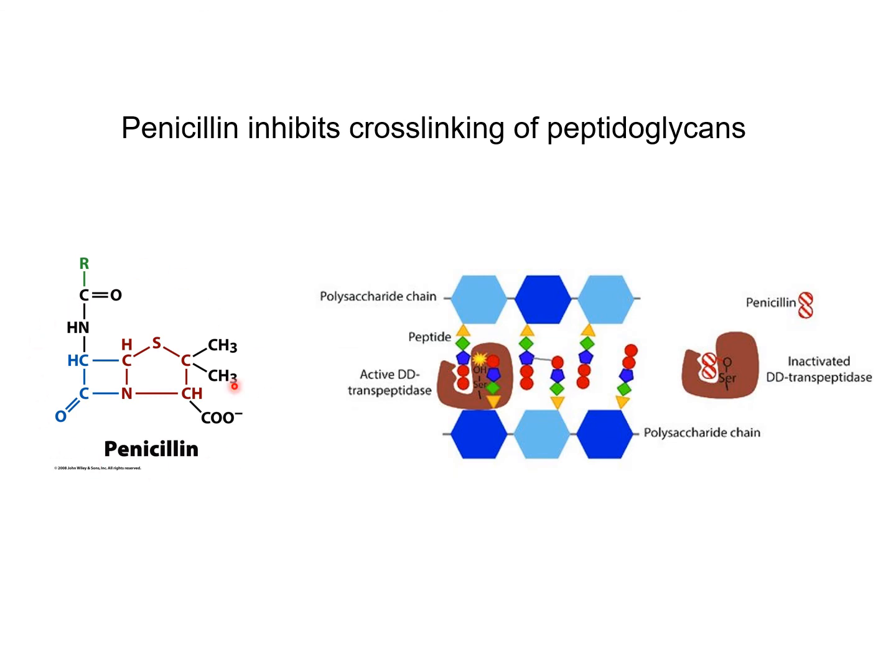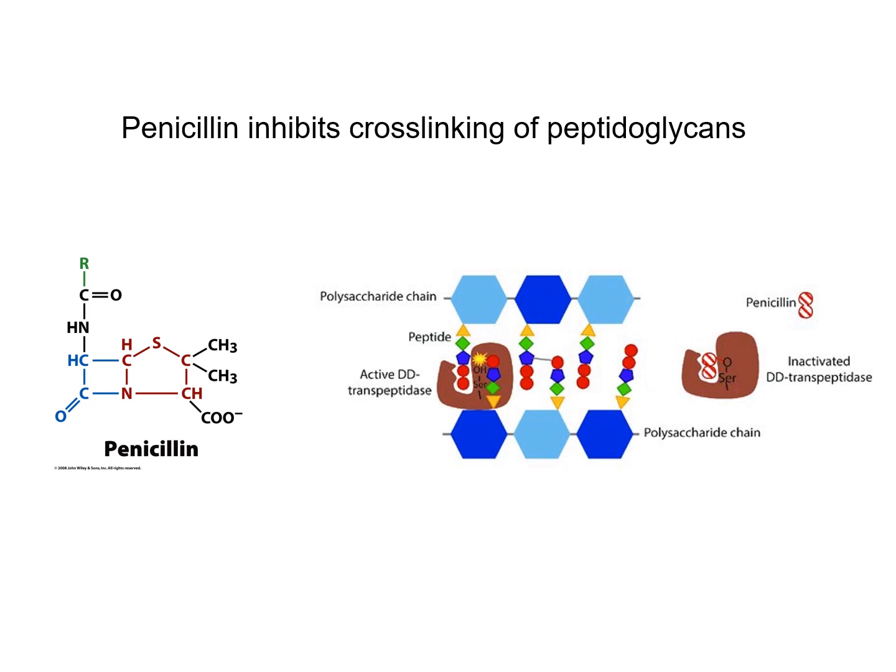Penicillin, which you can see its structure here, is a well-known antibacterial reagent that inhibits cross-linking of peptidoglycans. So it prevents the bacteria from synthesizing new cell walls. How it really works is that penicillin specifically binds to the DD transpeptidase through its beta-lactam ring.